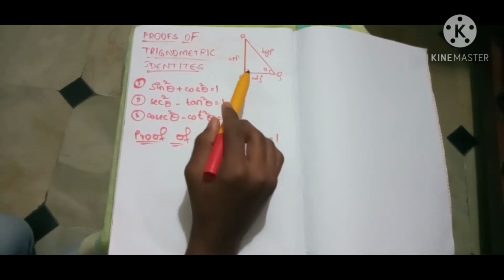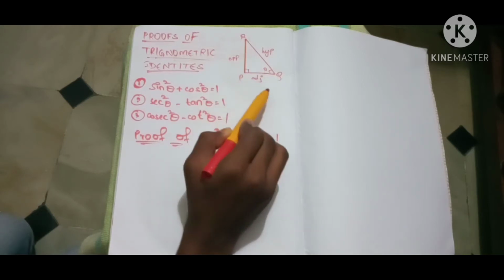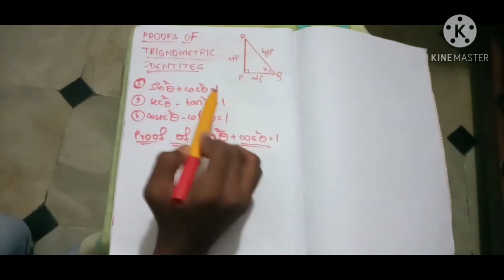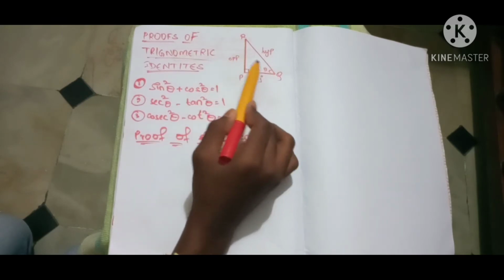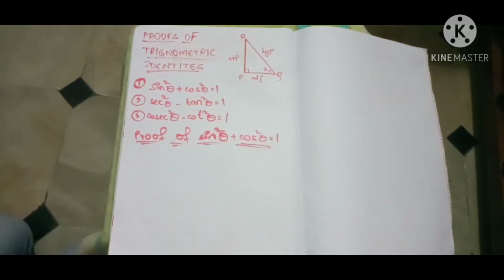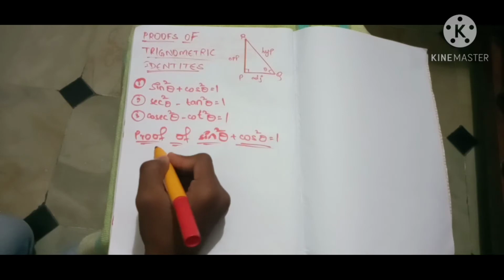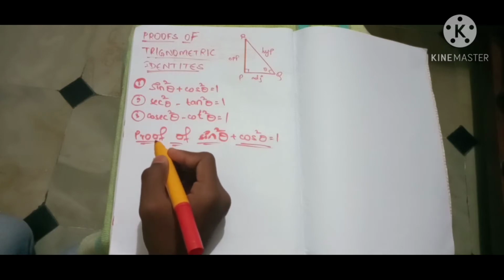See, I draw a triangle. I named this triangle as triangle RPQ. This is the hypotenuse, this is the adjacent, this is the opposite according to angle theta. And this is the right angle triangle at angle P. The previous class explained sin theta and cos theta and their formulas.